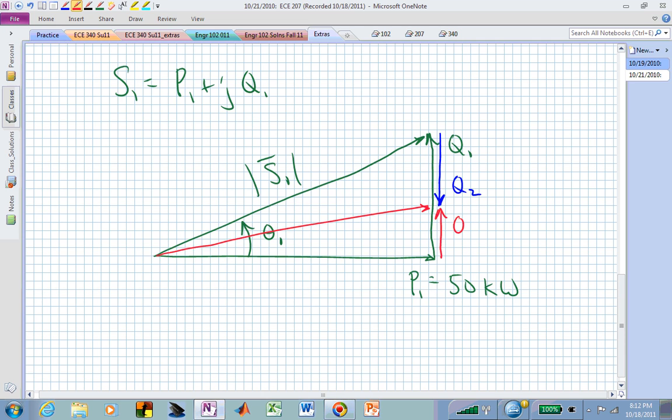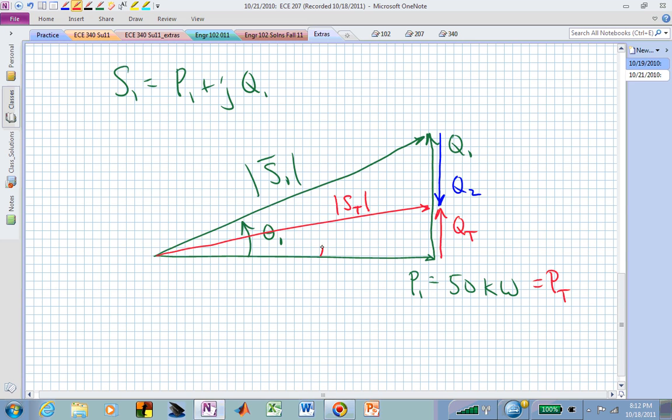we want to do then is find this resulting power triangle, which we are calling having a reactive part of Q sub t. The real part of the total will actually not change. We don't want to absorb any more real power, and then this apparent power is S sub t.